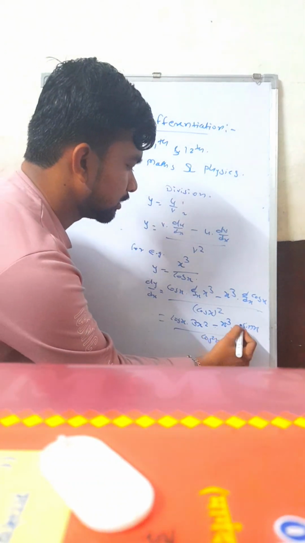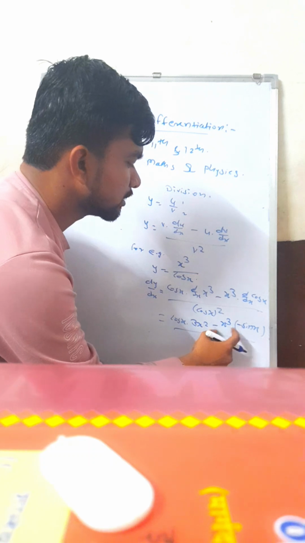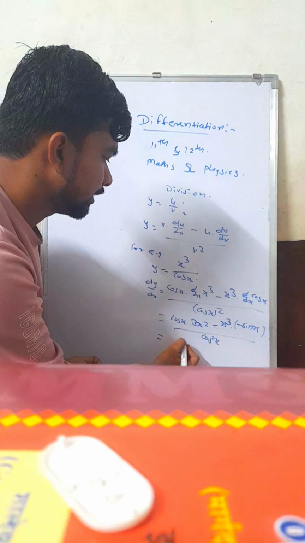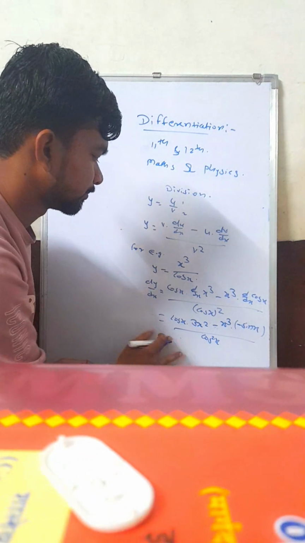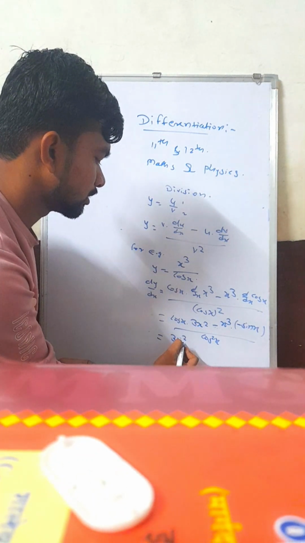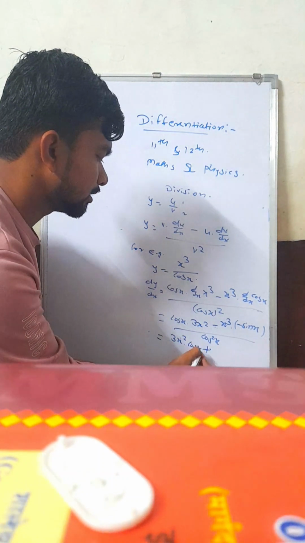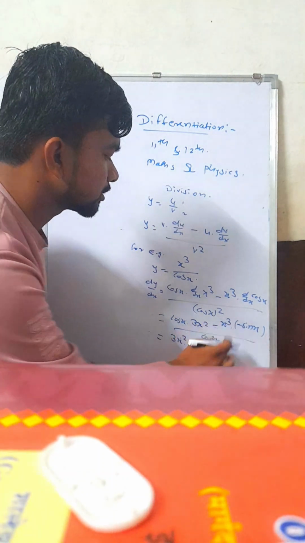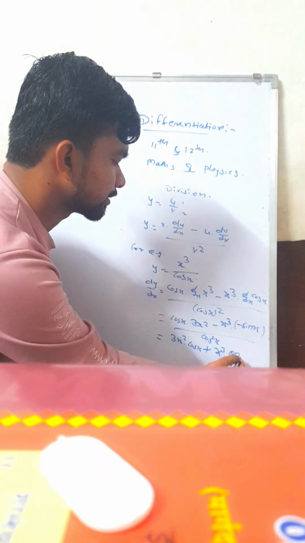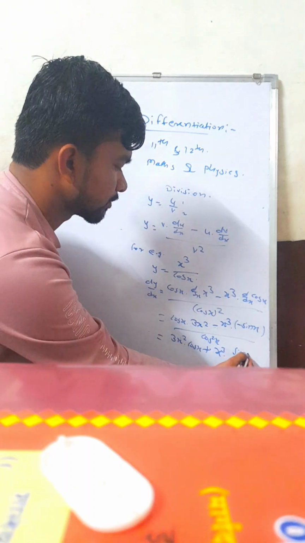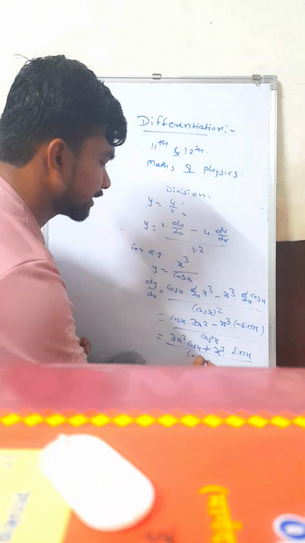Here the derivative of cos x is minus sin x; this minus and the middle minus, minus minus, make plus. So we get 3x square into cos x plus x cube into sin x into sin x, upon cos square x as it is.